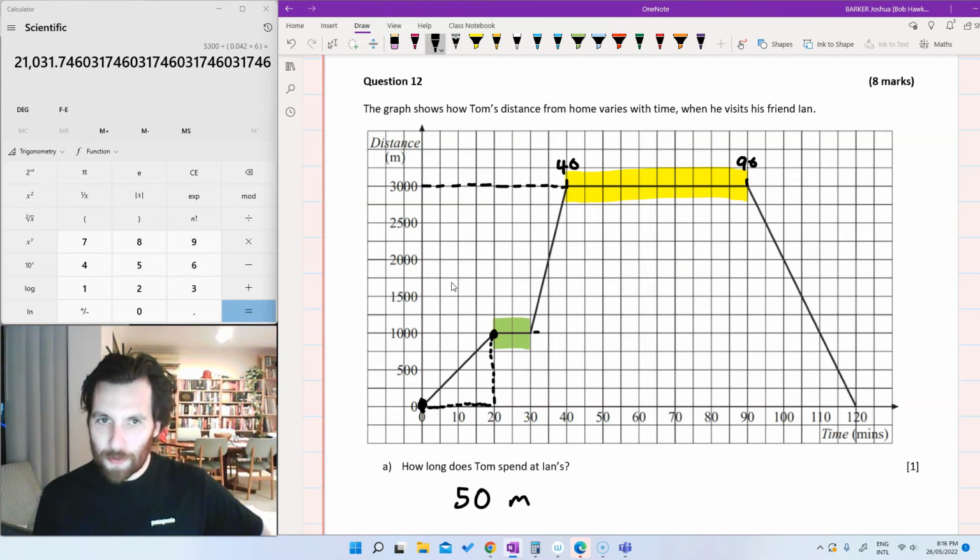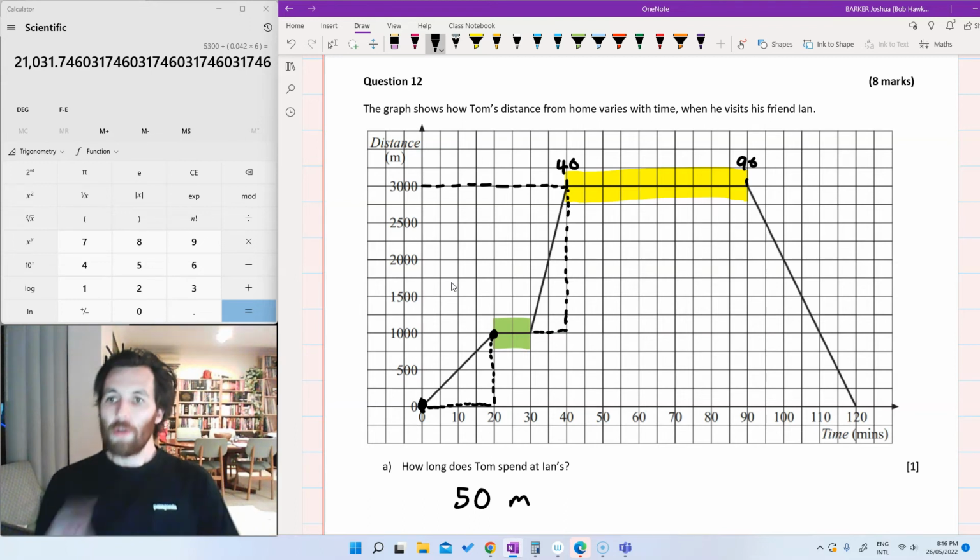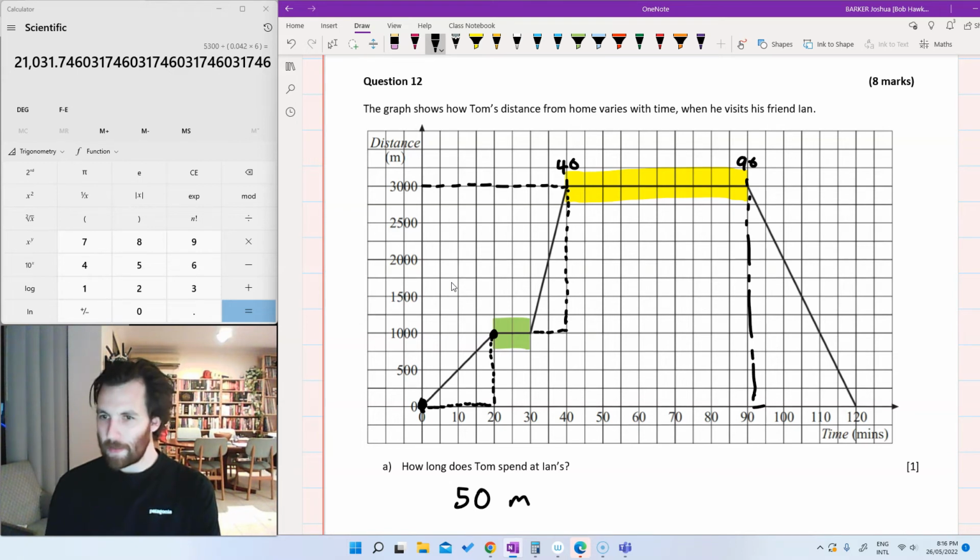Here, he travels another 2,000 meters, and he does that in 10 minutes. And looking at the end just here, he travels 3,000 meters in 30 minutes.